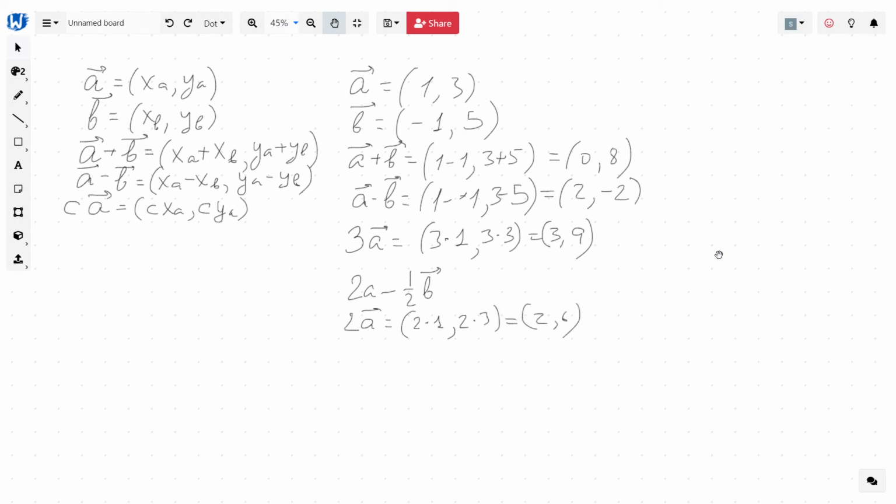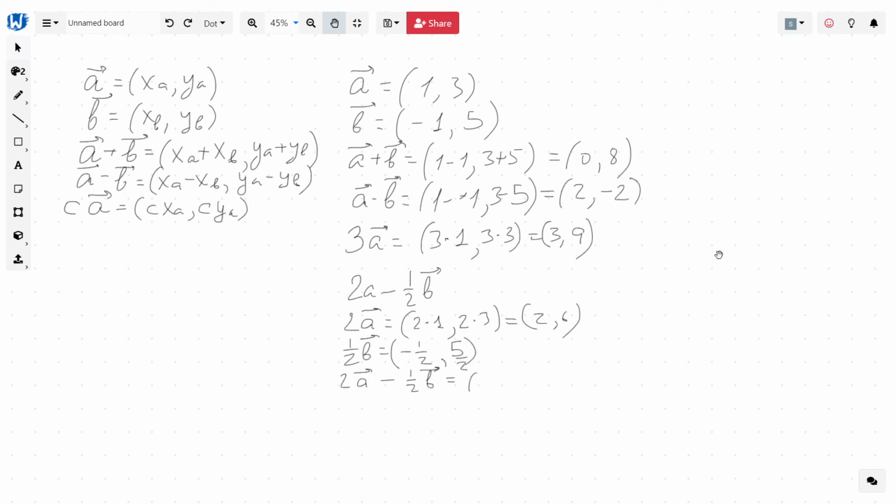Then we're going to calculate half b, which basically means we take all coordinates of b and divide them by 2. We get minus 1/2, 5 over 2. And the last thing, we want to subtract half b from 2a.